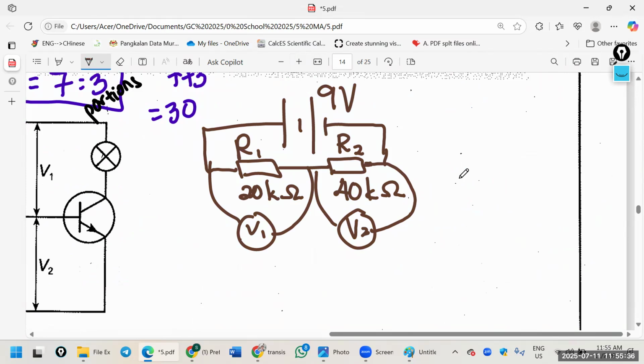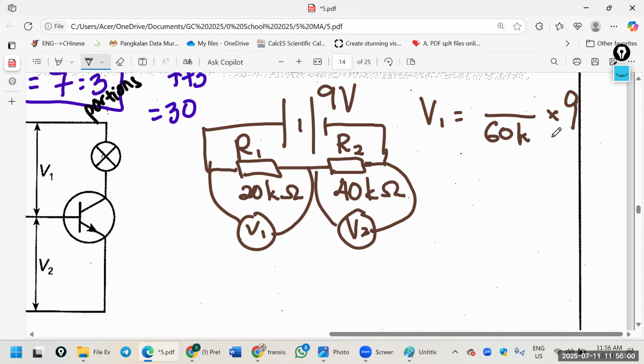How to get B1 and B2? So B1 equals a fraction times 9. What is the total for the portions? It's not only 60, but 60K.